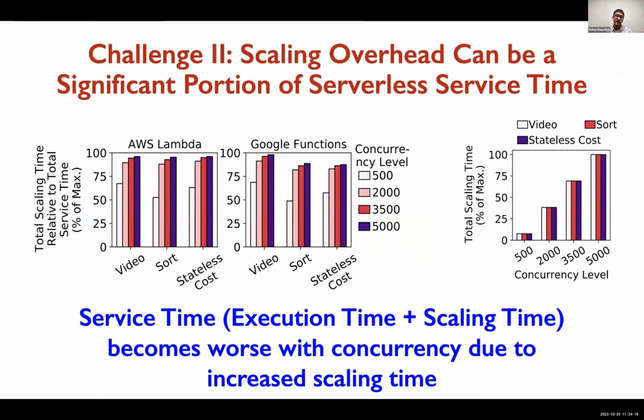The service time is defined as the summation of the scaling time and the execution time of a particular component. And we see that for a concurrency of 5,000, your total scaling time can be over 70% of the service time. This is really problematic, and it becomes worse as your concurrency increases.